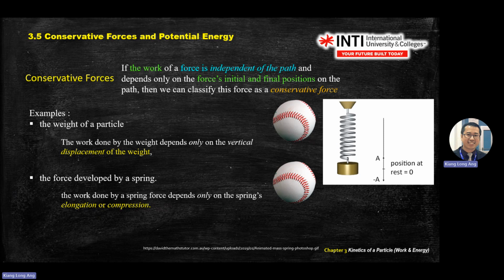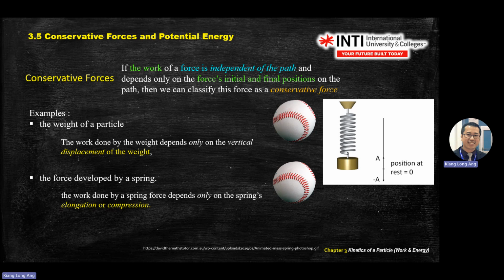For example, the one I drew on the whiteboard here, the force dropping from top to bottom. We don't care how the particle flies up or down. We are only interested in location 1 and location 2. This is the work done by this force from position 1 to position 2.